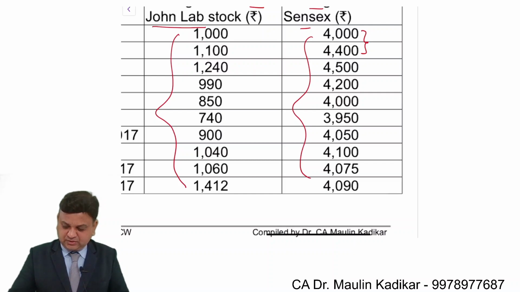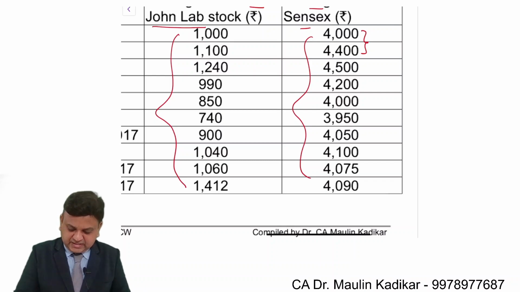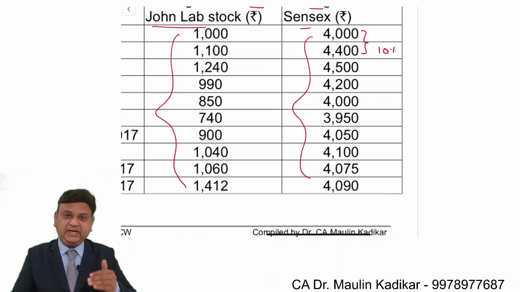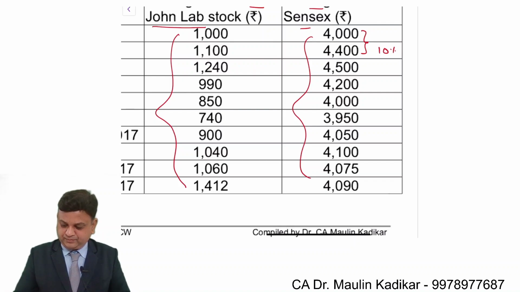4400 minus 4000, 400 upon 4000 into 100. That comes to 10 percent. Then 4500 minus 4400 upon 4400. The answer is 2.27 percent.